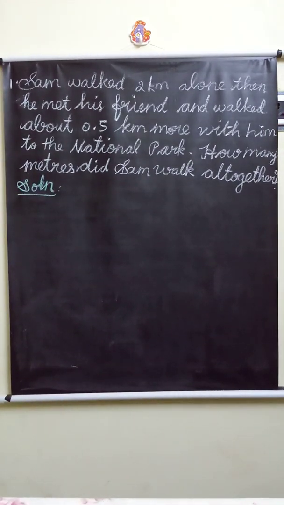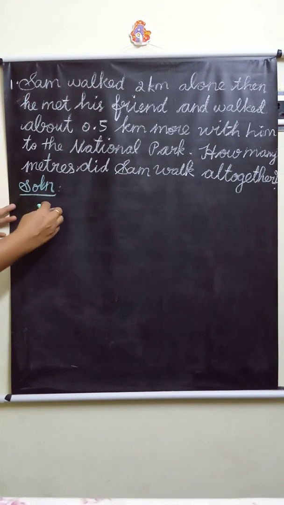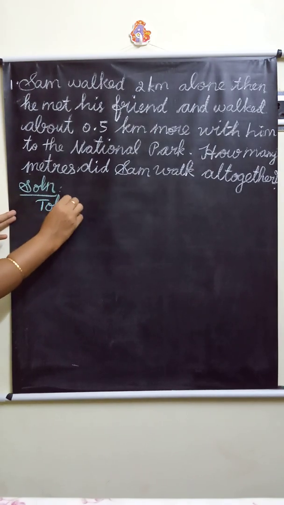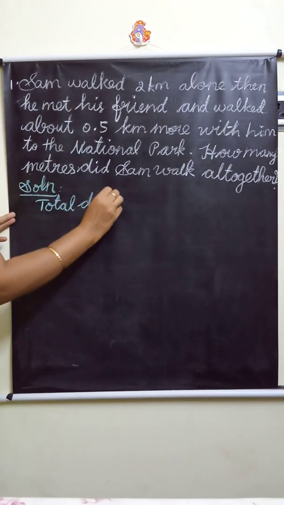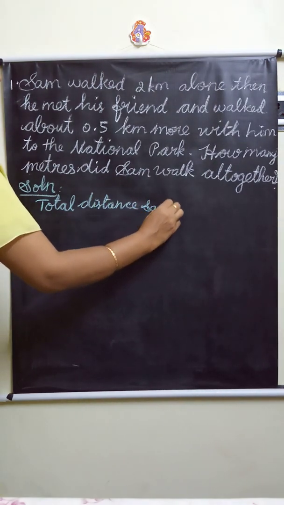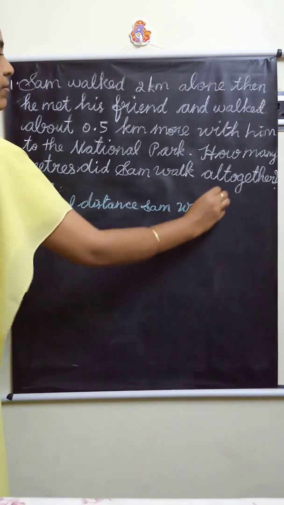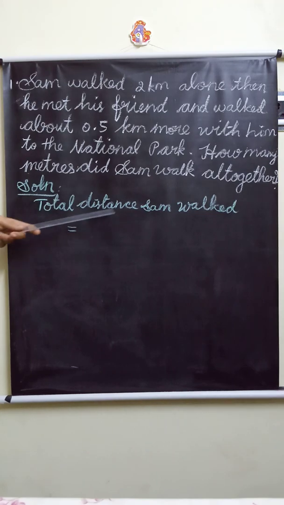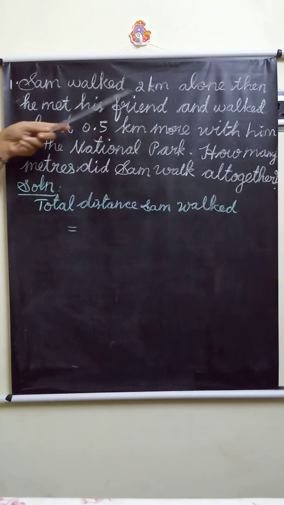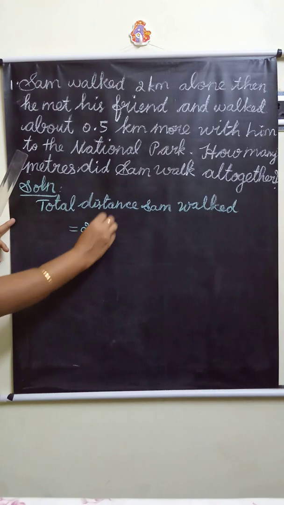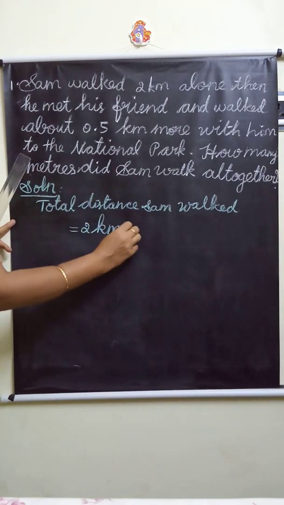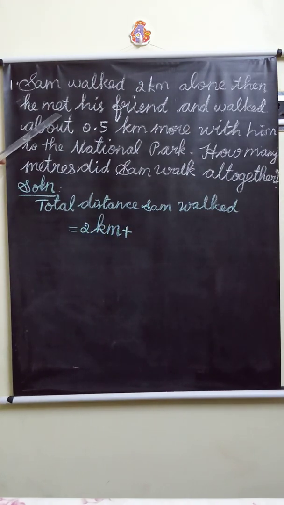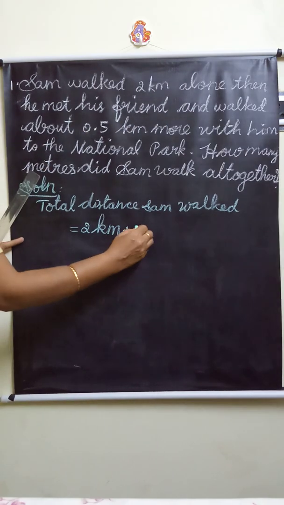Listen here. Total distance Sam walked. First he walked 2 kilometers. Again he walked with his friend 0.5 kilometers.